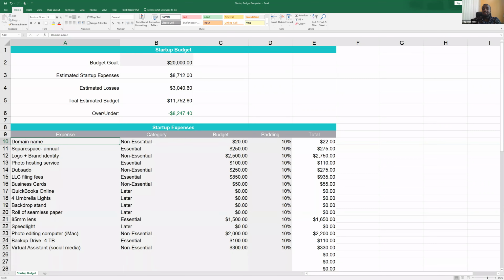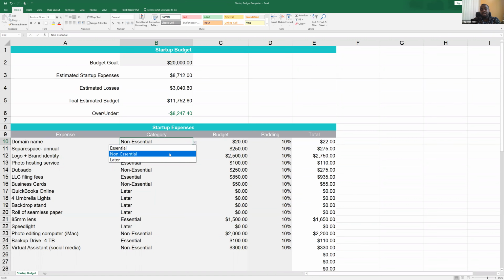And for that, it's not essential, right? So you have to categorize your expense and know, is it essential, is it non-essential, or you can work with it later. And this will really help you in making decisions.